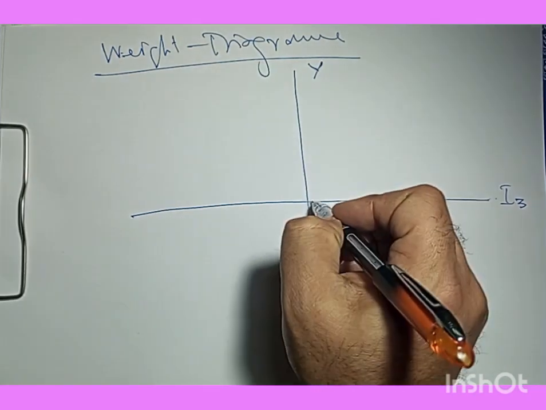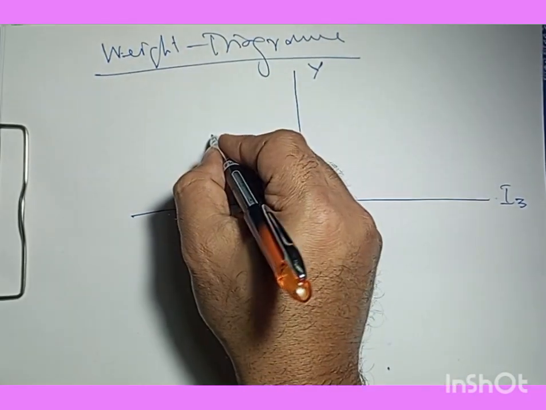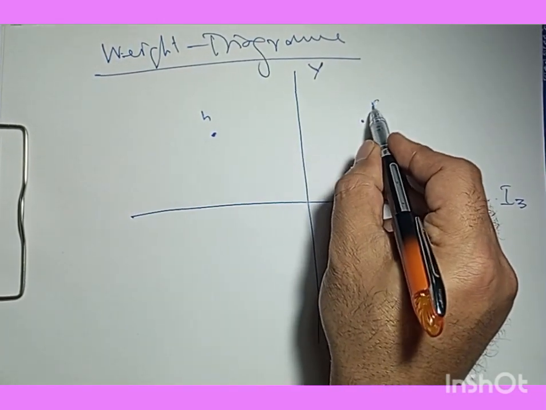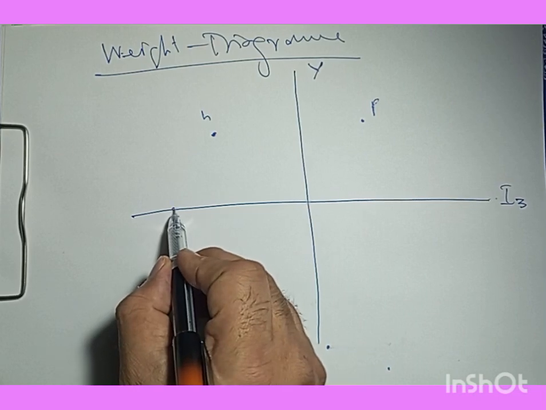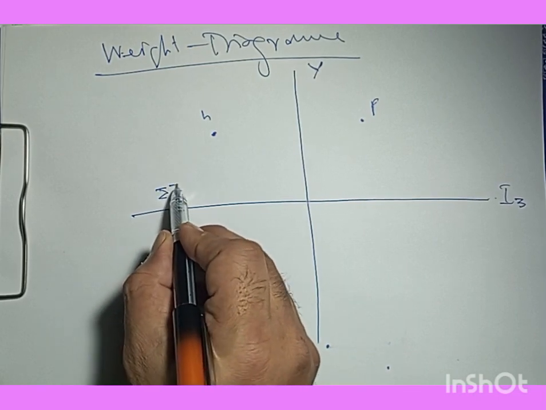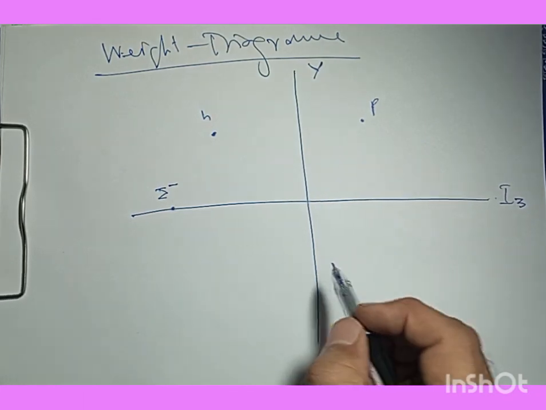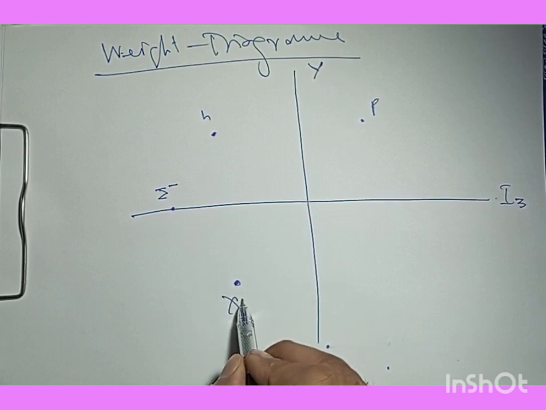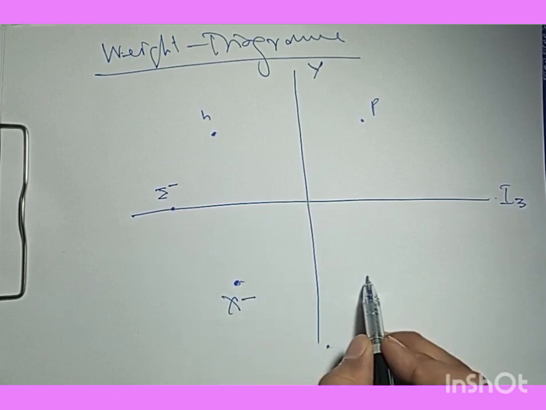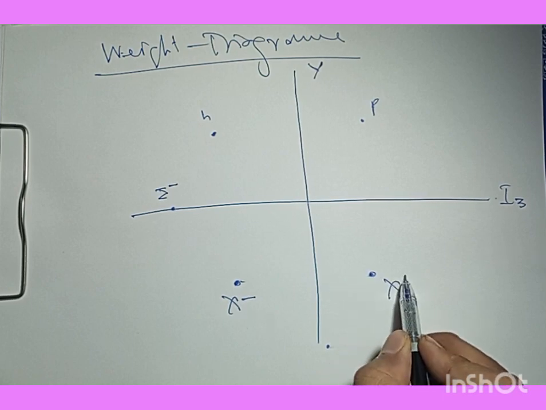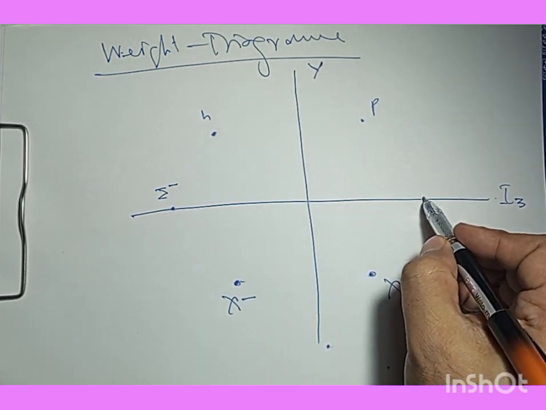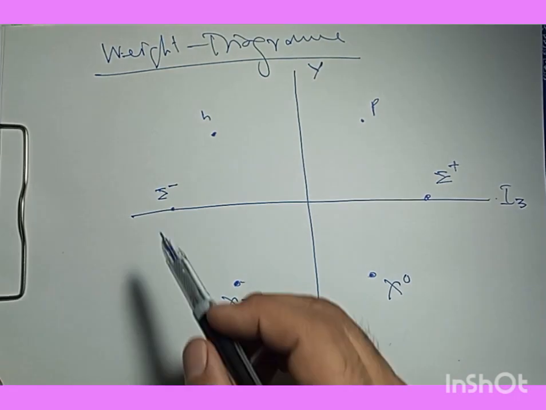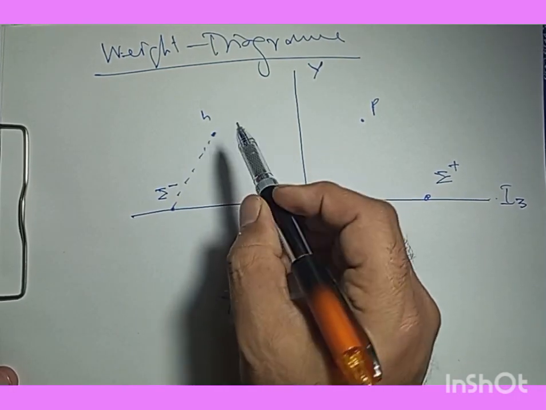So let me go with that. Let me mark this as n, and this is p, and here I have sigma minus, and here I have xi negative, then here I have xi 0, then here I have sigma plus. Let me try to join them so as to have some idea.